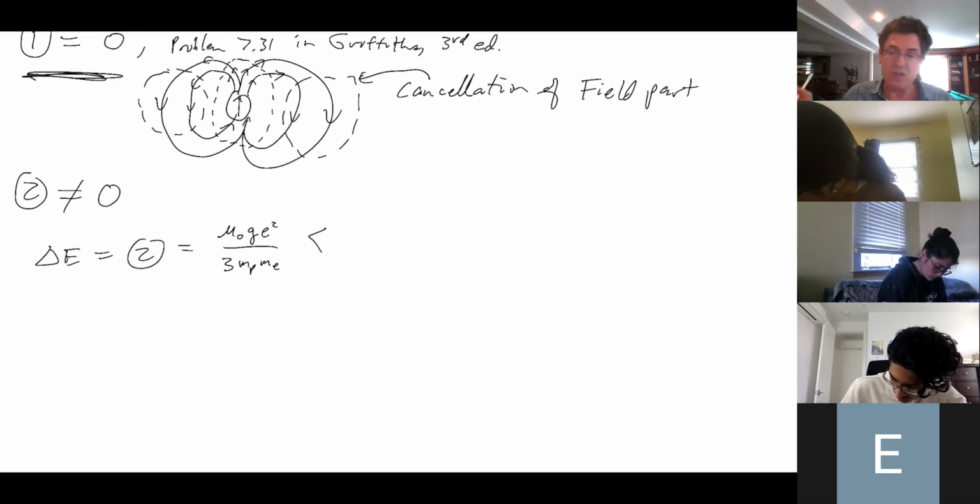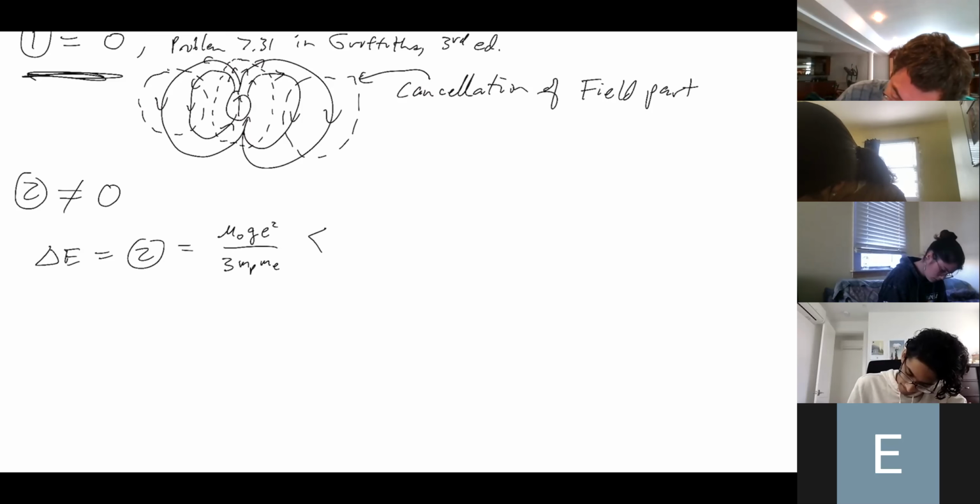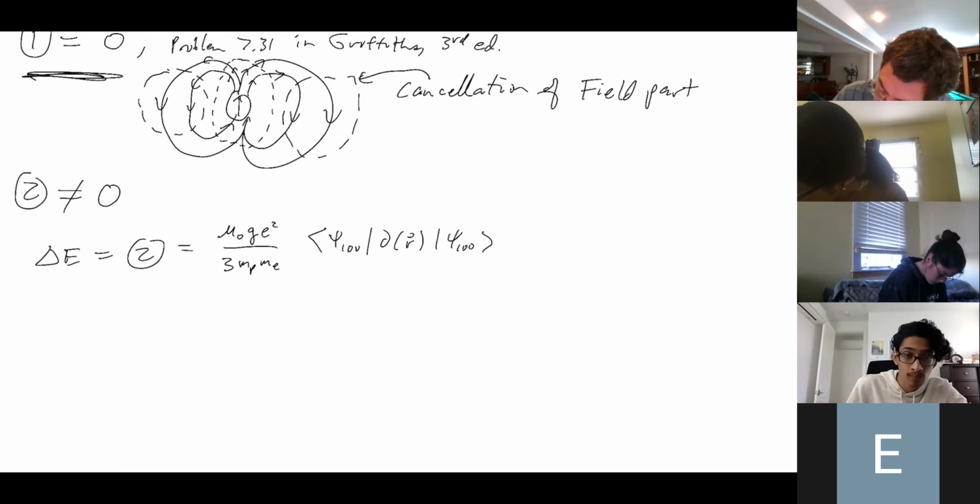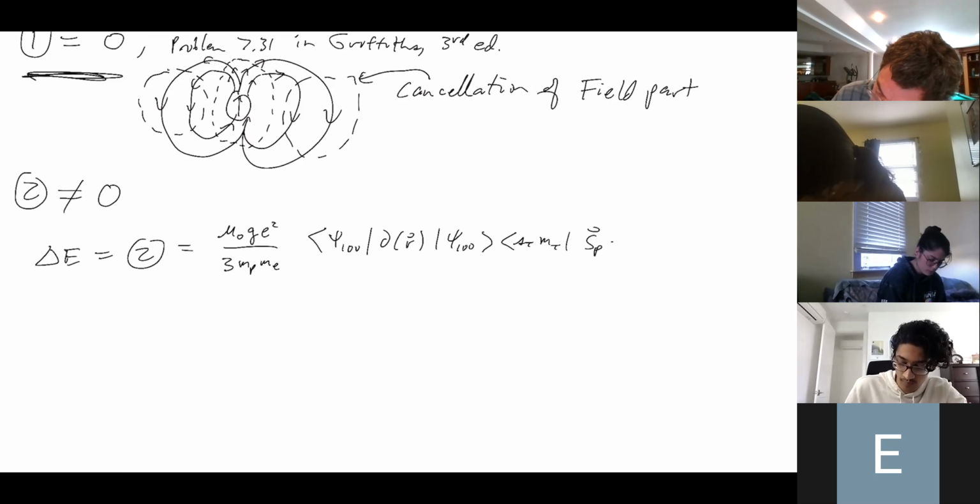And now I'm going to pull the spatial part over, and it's going to have psi 1, 0, 0 delta of R, psi 1, 0, 0, and then the spin part is going to be here, S total, M total, SP dot SE.